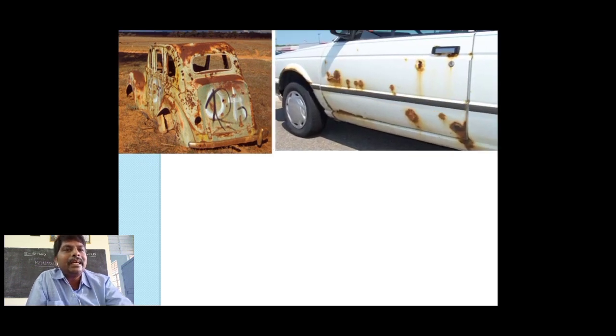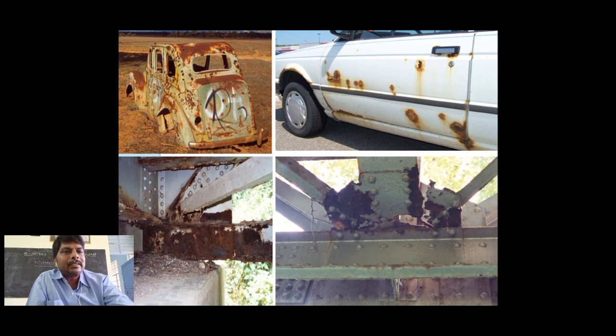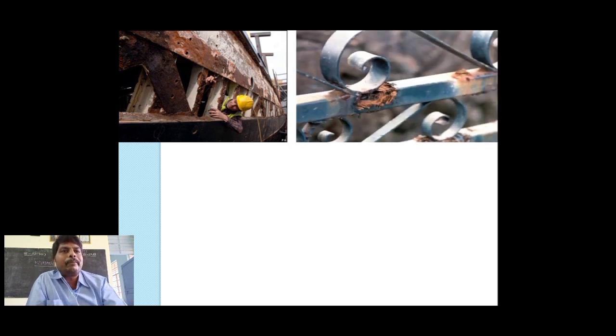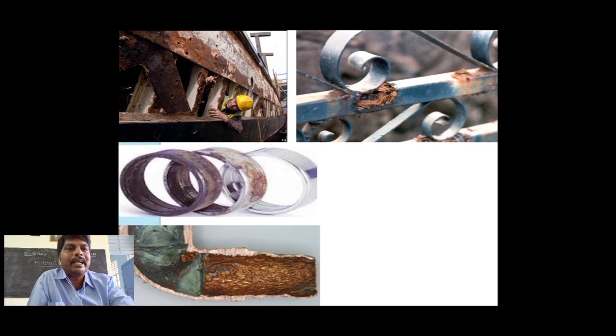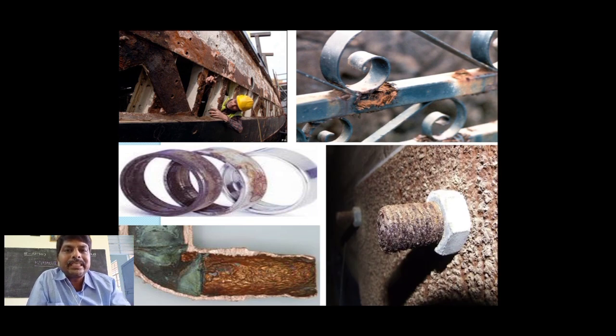You can see here some rusted items, vehicles, bridges. So this type of iron items gets damaged because of corrosion. What is the chemical reaction involved in corrosion of iron? That is oxidation. Rusting of iron is an oxidation phenomenon. Corrosion is an oxidation in our daily life.